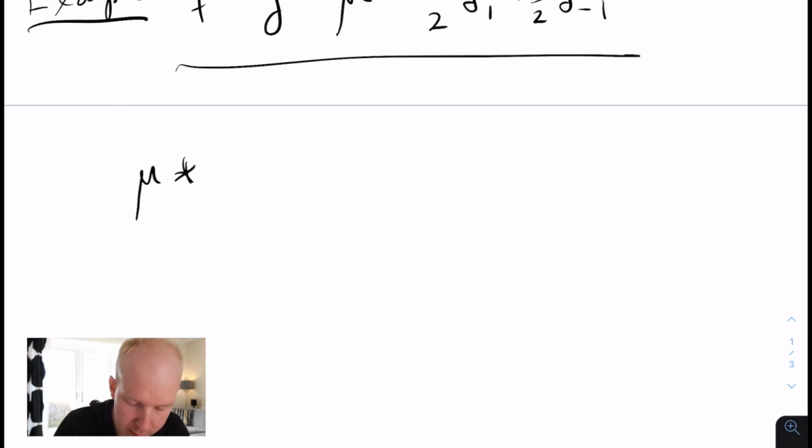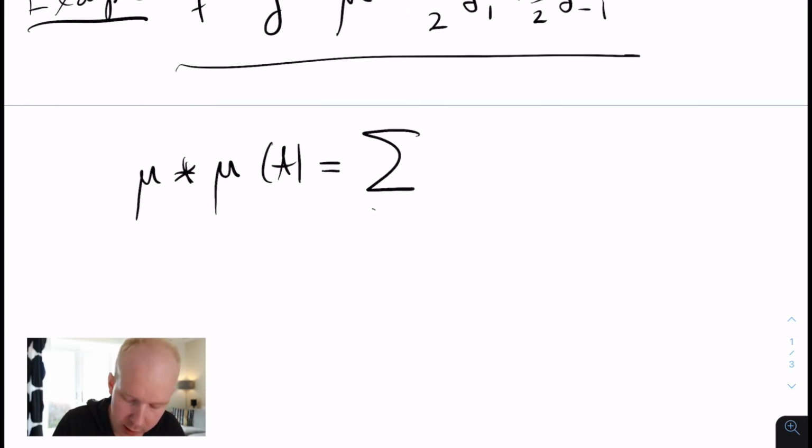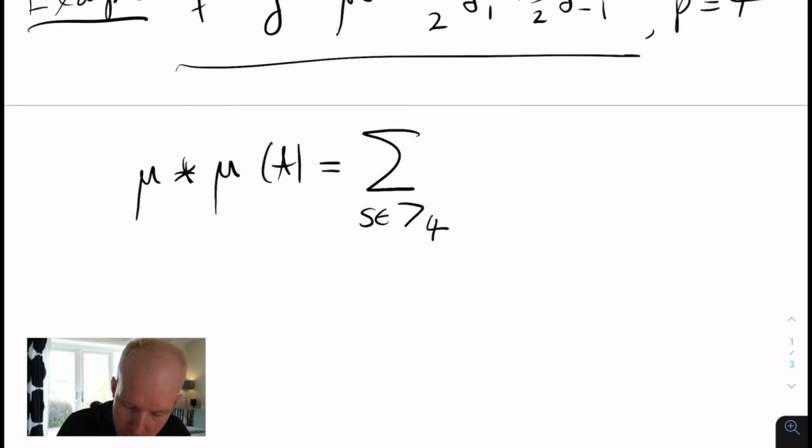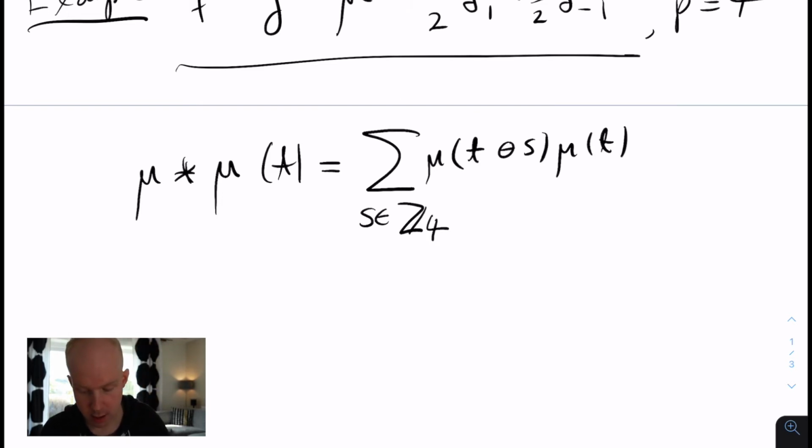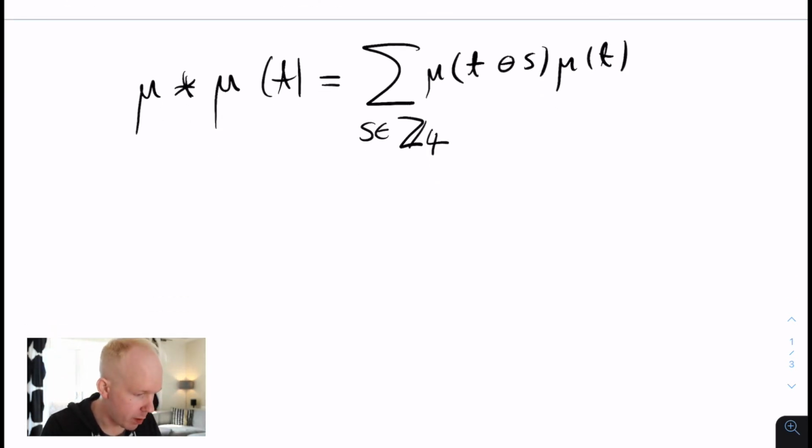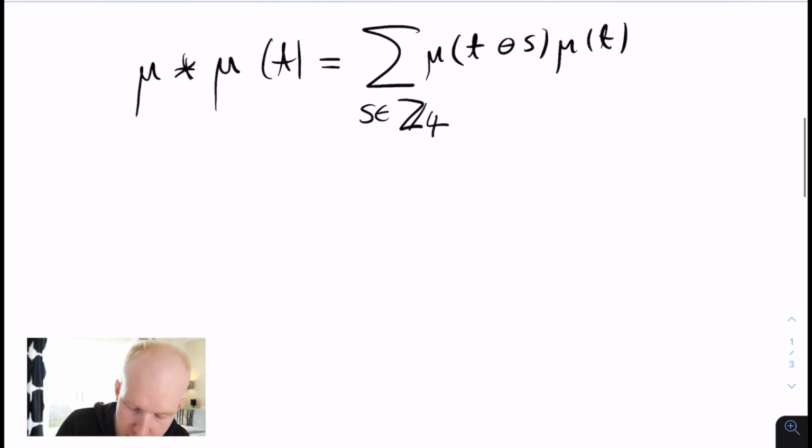So mu star mu at the point t, if you open up the definition, is the sum over s in Z_p. Actually in this case we are using Z_4, so p is equal to 4. And then you have mu at t minus s, and then mu at s. Once you open this up, this is just the weights.